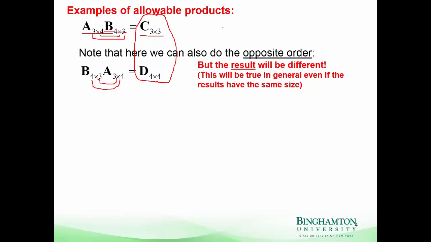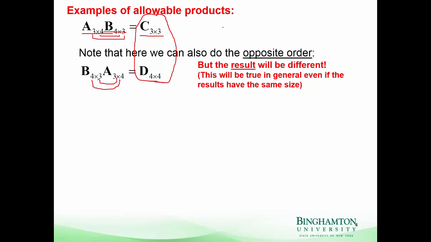So this is an interesting thing, that the order of multiplication in matrix multiplication matters. We won't always be able to even interchange them and do multiplication in both orders. But if we can interchange them, there's no guarantee that the results will be the same.